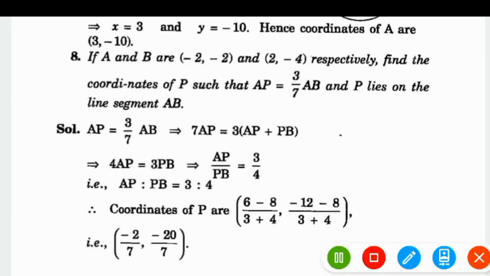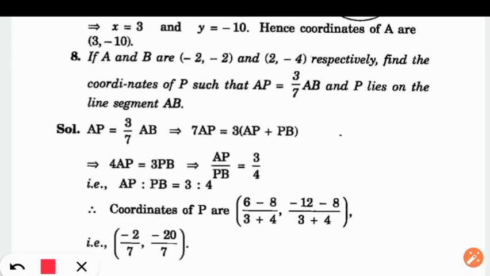Now AP on one side. So A to P and P to B is 3:4. Now we know the ratio 3:4. Now using the formula mx2 plus nx1 divided by the sum of the ratio, comma, my2 plus ny1 divided by the sum of the ratio, we got this.